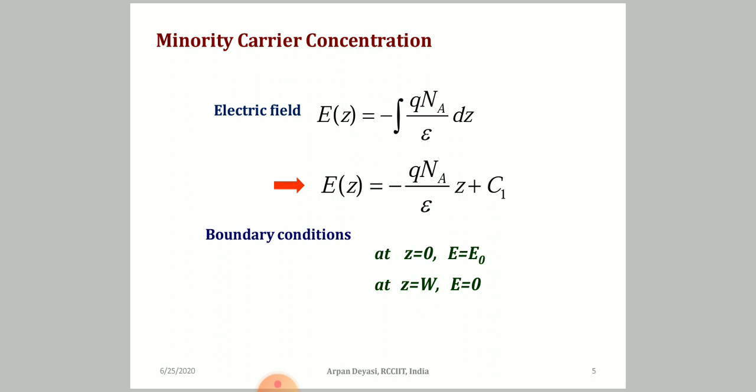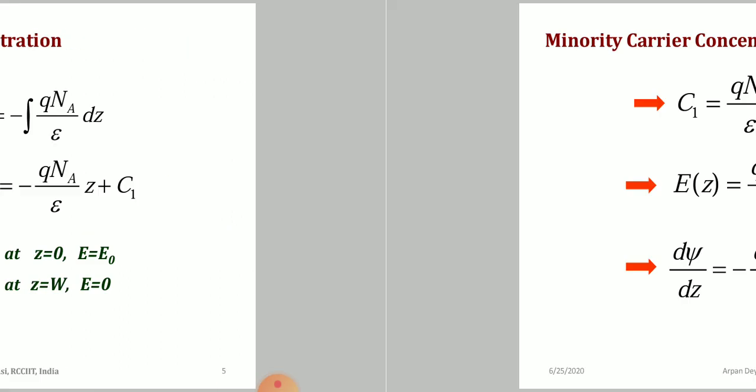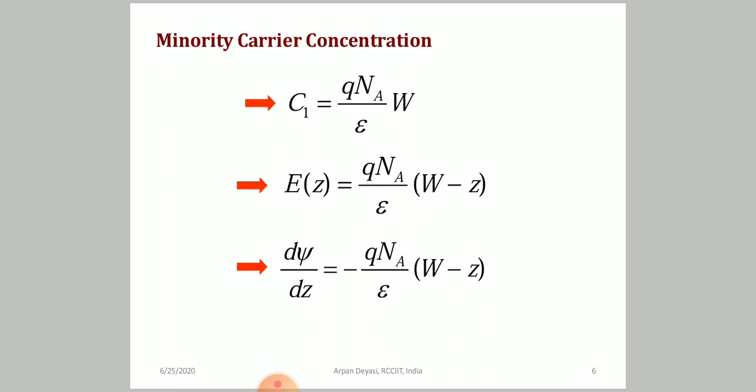After that it will be all majority carriers, and then there will be no change of potential, no fluctuation. If there is no fluctuation of potential, d phi equals 0, and E equals minus grad phi, so the gradient of phi equals 0 means the field equals 0, and I have put that boundary condition. And why am I explaining this? Because if you substitute the second boundary condition, you can very easily get the value of C1, which is q NA by epsilon into W.